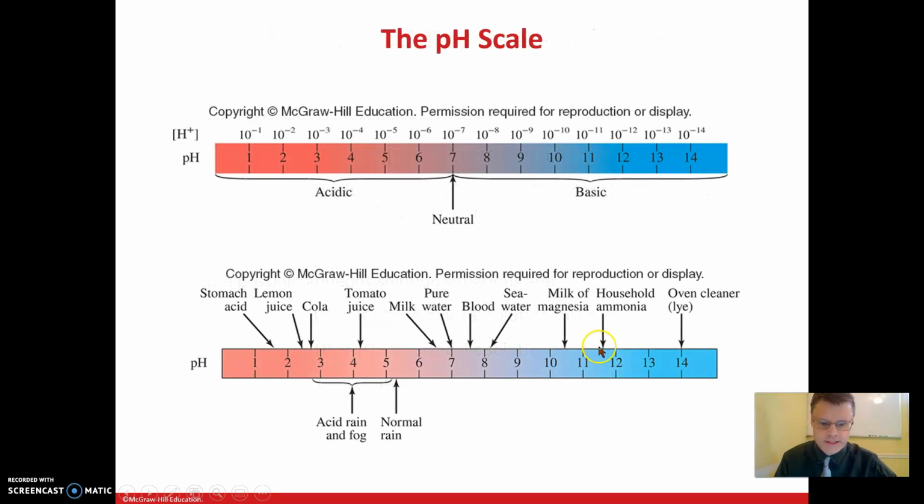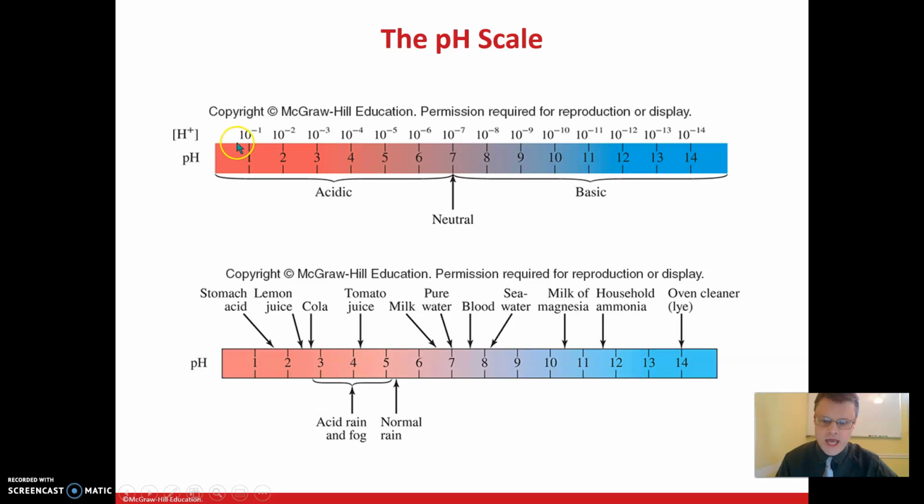This is another way to look at it, which I think might be helpful because it's a visual representation of these scales. On the top here, we've got the concentration of H plus ions, and you can see that's powers of 10. Here we've got the pH, so that you can relate these to each other.